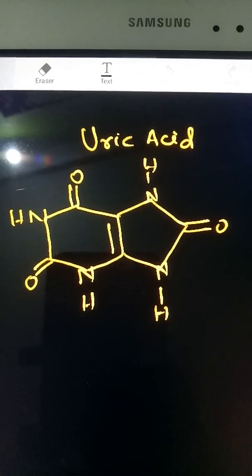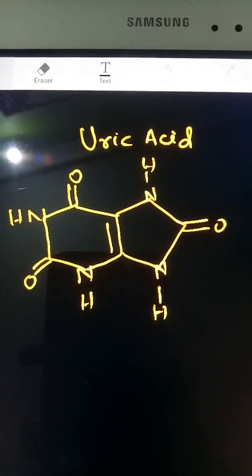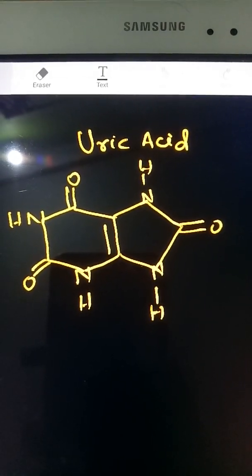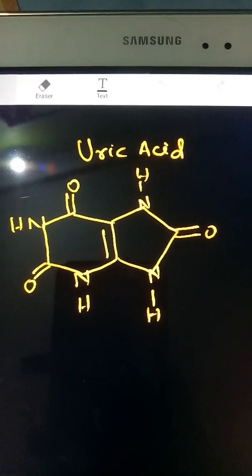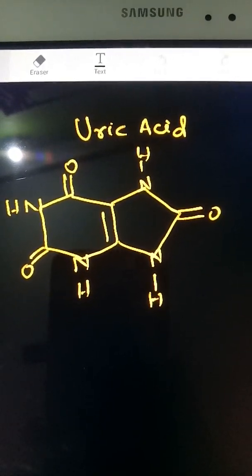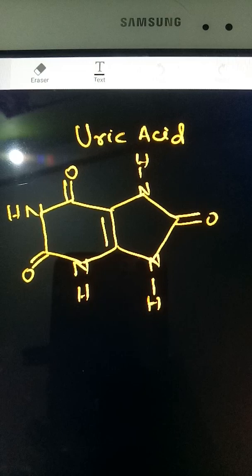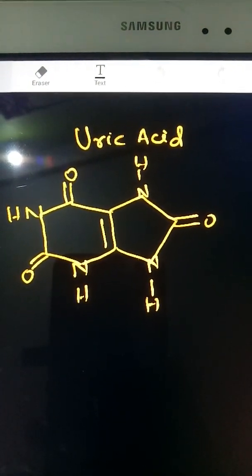In this video, I am going to explain about uric acid, structure determinations and synthesis of uric acid. You can see here uric acid contains 3 CO group and 4 NH group.